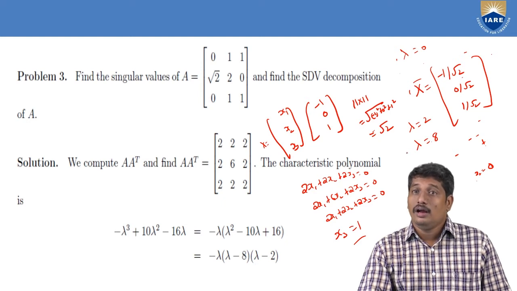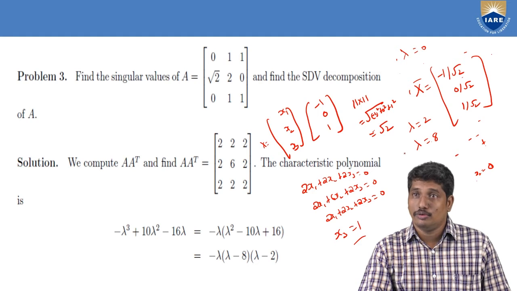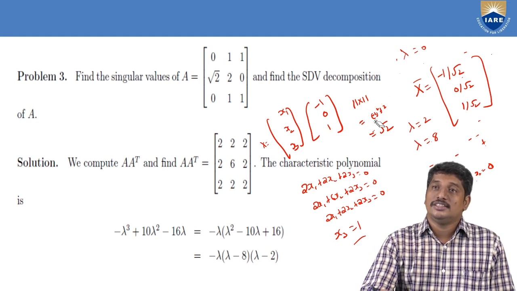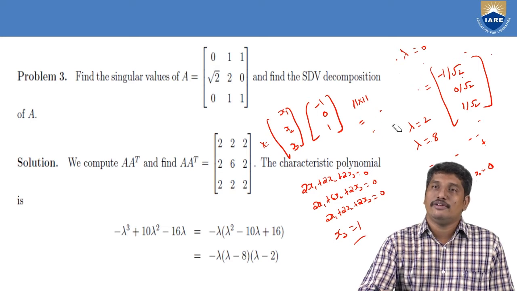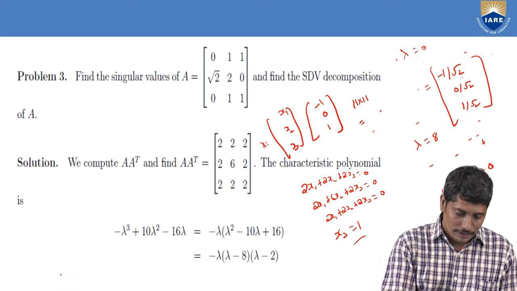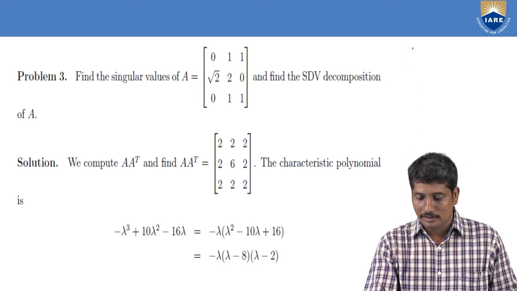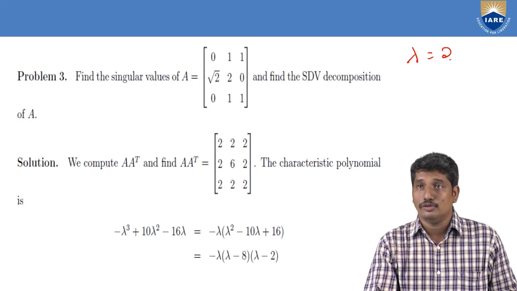Let us see one more example. I'll explain how to get the eigenvector corresponding to lambda equal to 2, and you can understand in the same way how to construct the eigenvector with respect to lambda equal to 8. Now we are going to see how to get the eigenvector corresponding to lambda equal to 2.